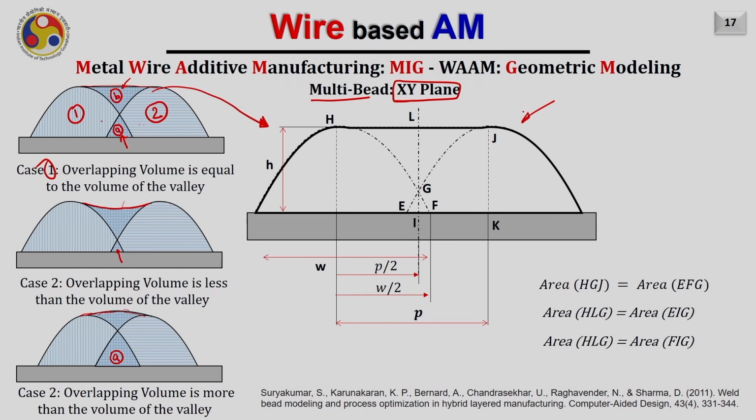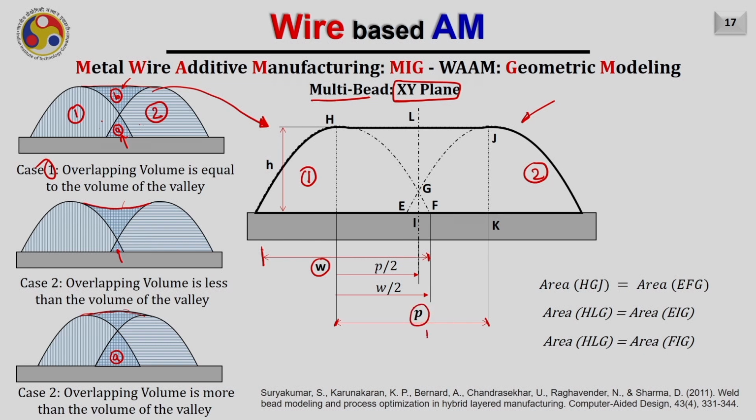So what you are seeing in this diagram, there are two beads. One is this and second is this. The width of the bead is W, that is the distance from here to here. Also, the distance between the centers of the two deposited beads is given here by P. Why P?